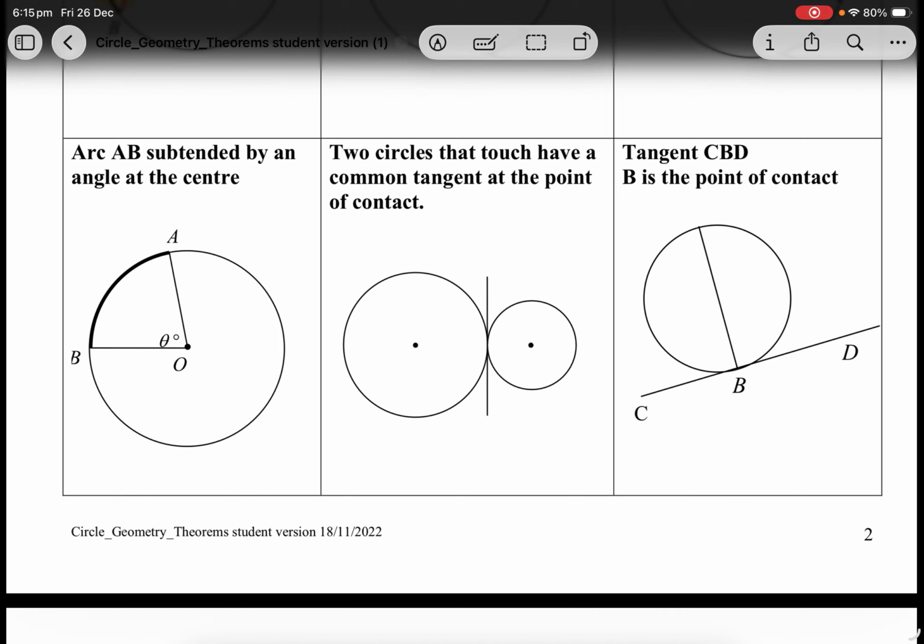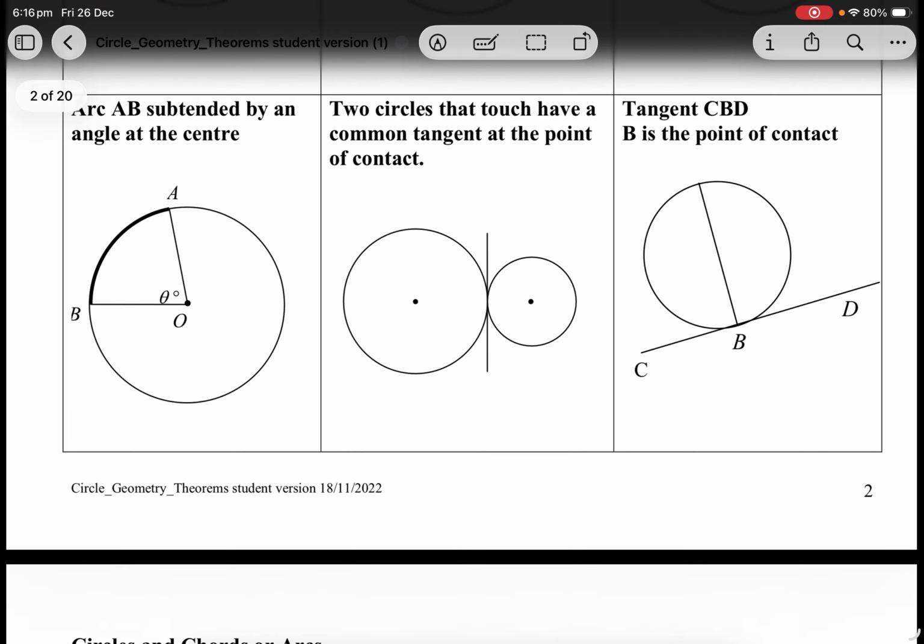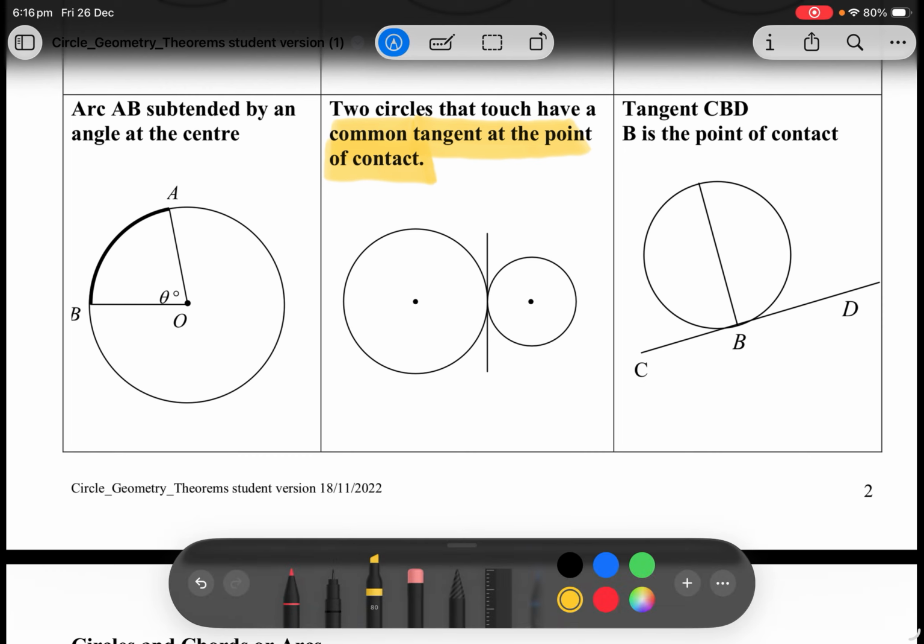A couple more features we're going to talk about before we get into anything afterwards: when two circles touch, they have a common tangent at the point of contact. So the point of contact where these touch, which is here, they have what's called a common tangent. Now, a tangent is a line that touches the circle at one spot.